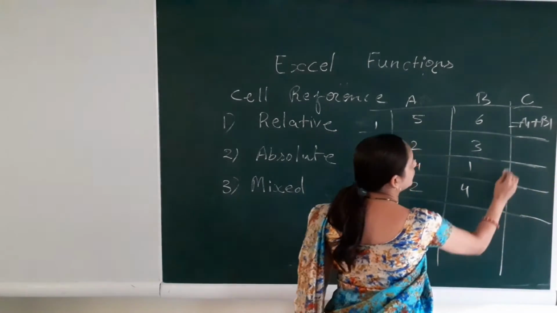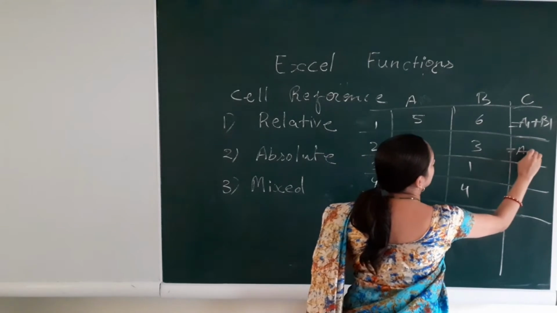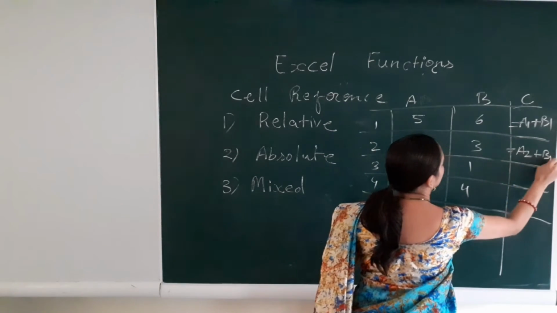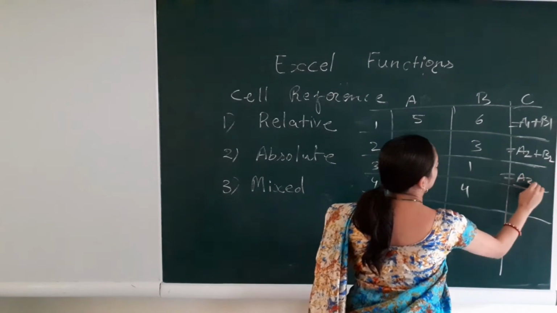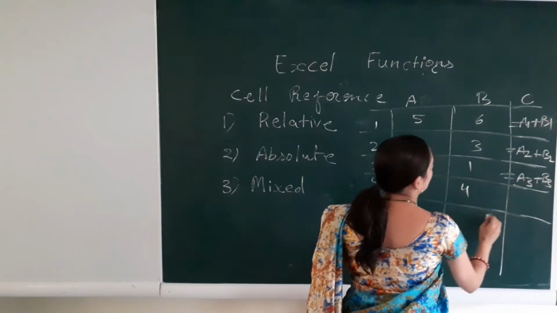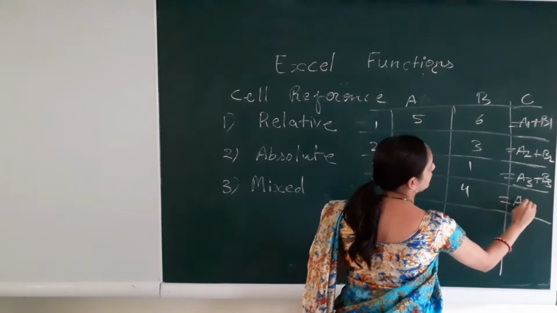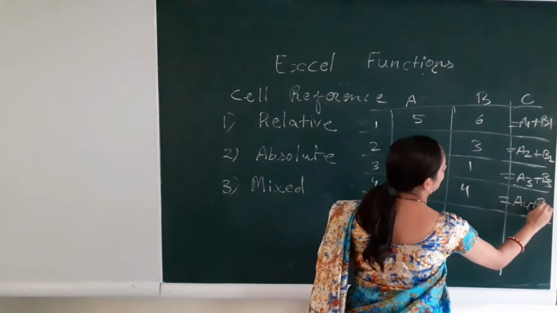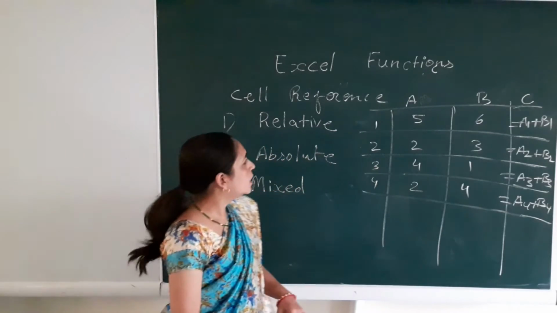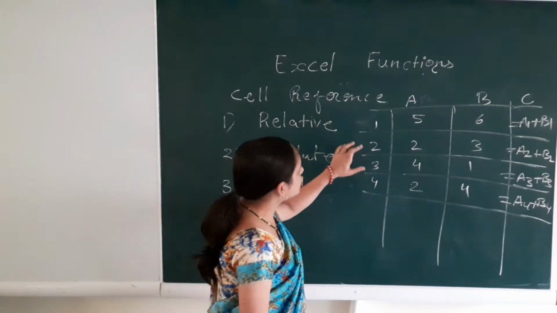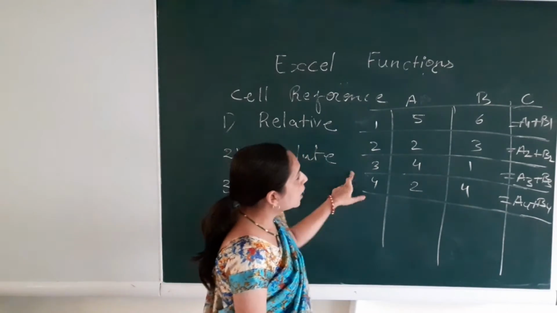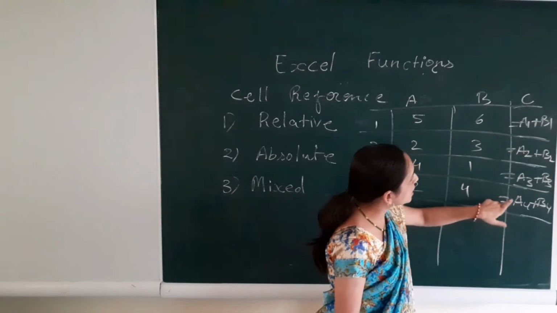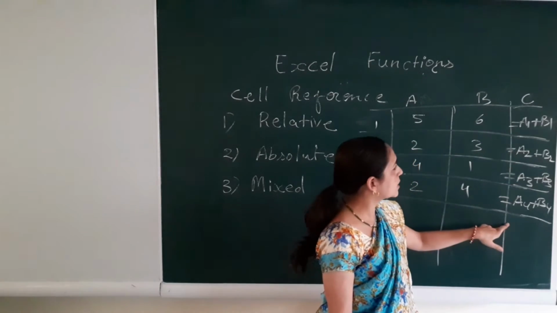After copying the formula you will get A2 plus B2 here, A3 plus B3 here, and A4 plus B4. So rows 1, 2, 3, 4, and the formula is changing for all rows here.